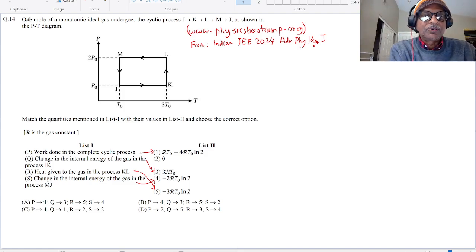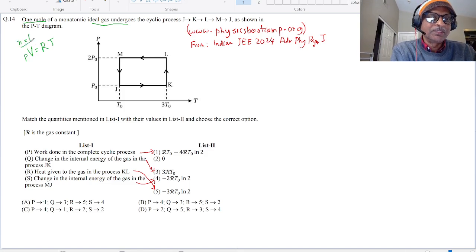So the question is: you have 1 mole of an ideal gas. So we already know PV equals RT because n equals 1. And the gas is going through a cyclic process. Normally you write a PV diagram, but this is written as a PT diagram, and that makes it really simple because that's one equation per state.